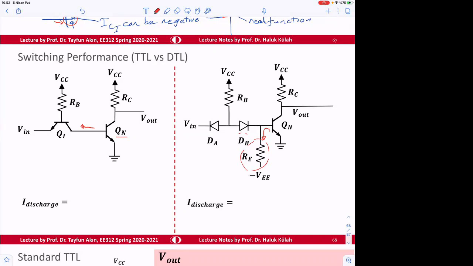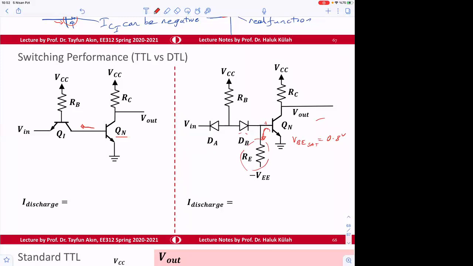Okay, so we can even calculate that value, like how much that current is. So I discharge, let's start from here, maybe for the DTL case. For the DTL case, if we want to remove the charges here, this was originally at saturation, so VBE SAT was 0.8 volt.